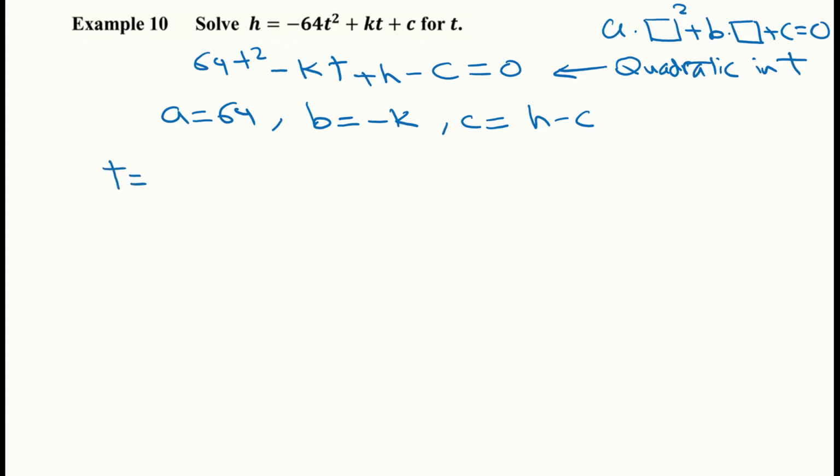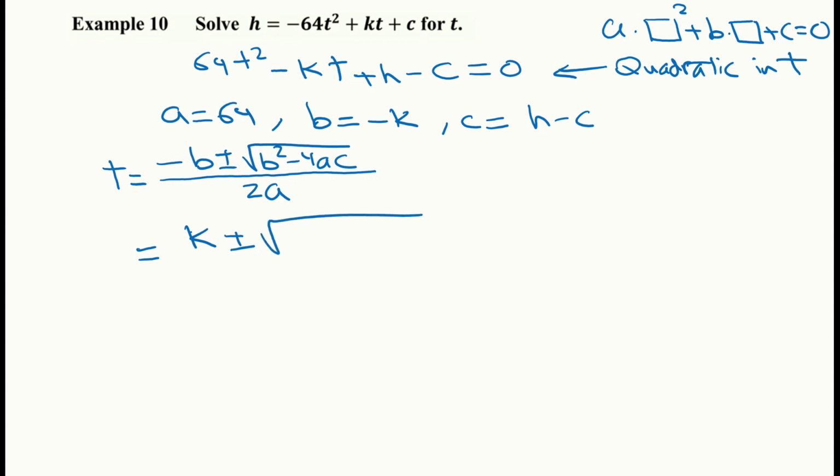There we go. So now we're going to go ahead and solve for t using the quadratic formula. As always, we will write the formula first, so without plugging in, right? So we get t equals negative b plus or minus square root of b squared minus 4ac over 2a. Now we carefully substitute. So we know that b is negative k, and the opposite of negative k is just k, right? So k plus or minus square root of b squared. So b is negative k.